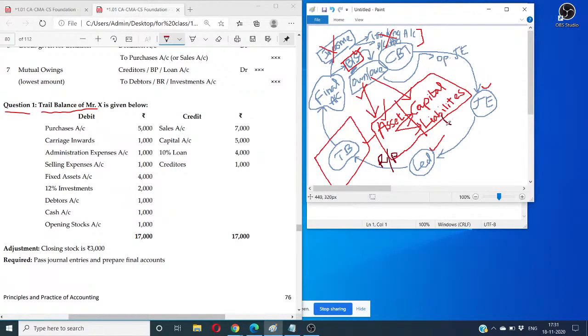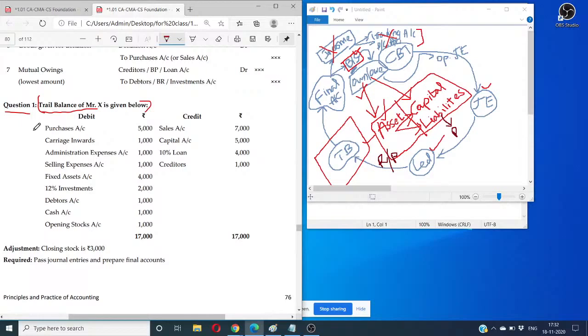And similarly, most probably the liabilities and capital may be in the nature of personal account. In the case of capital and liabilities, the form of real account is very, very lesser. So now in trial balance, you have to find out the real and personal accounts first of all. Those items will go to the balance sheet.